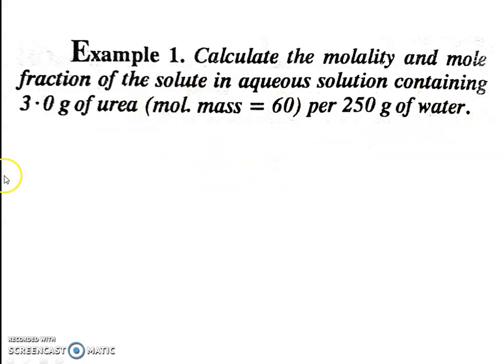So there is one solution which contains 3 gram of urea and 250 gram of water, and we need to calculate molality of the solution and mole fraction of urea.